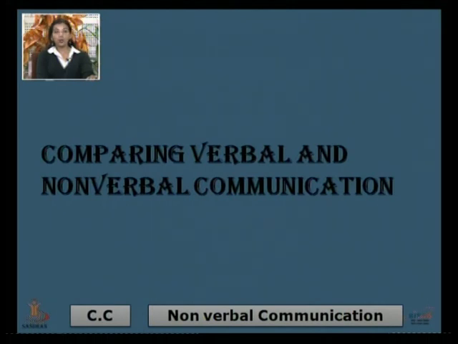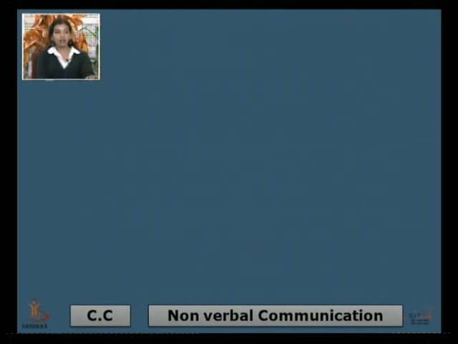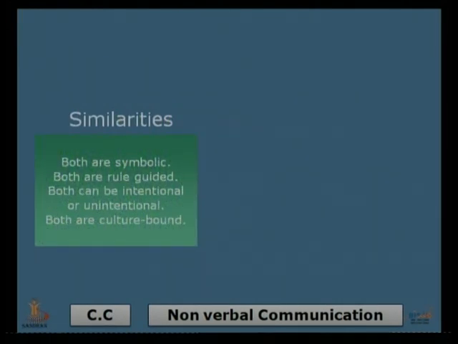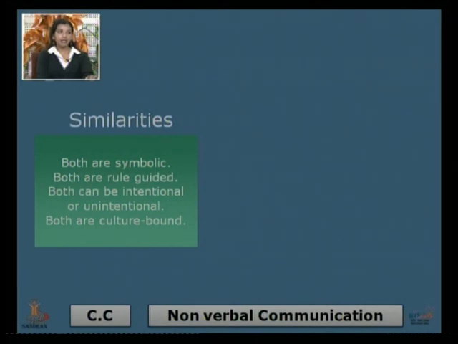When you compare verbal and non-verbal communication, what we can observe first is the similarities. They are both symbolic, and at the same time they are rule guided. Next, they can be intentional or unintentional as well. Both are culture bound. If I see a person whom I don't like and I say, oh my god, he came home, maybe I said it intentionally, or I was just speaking loudly and by chance he happened to listen.